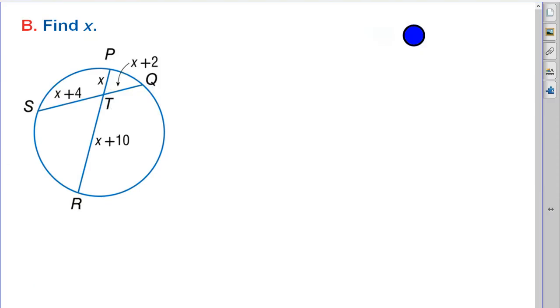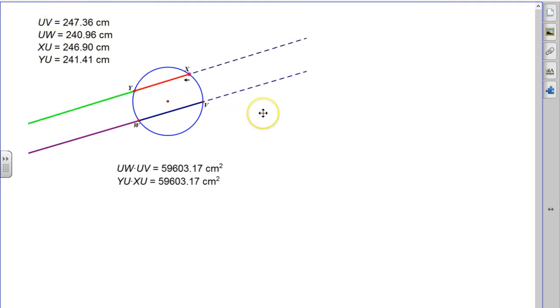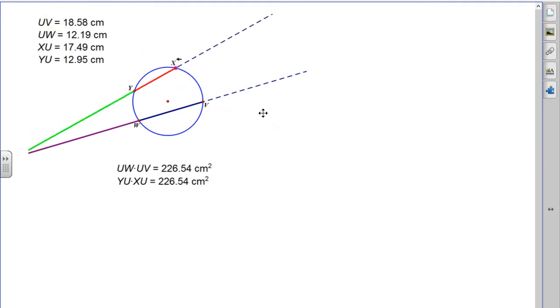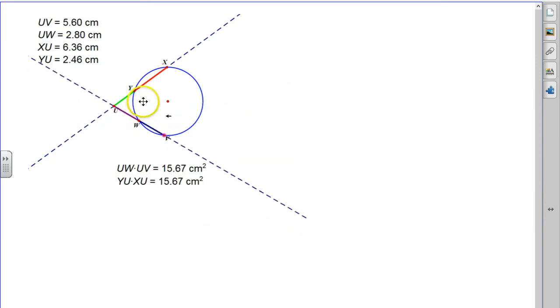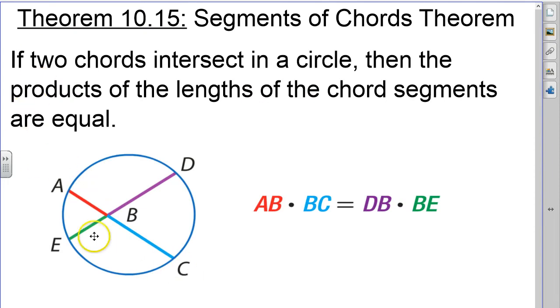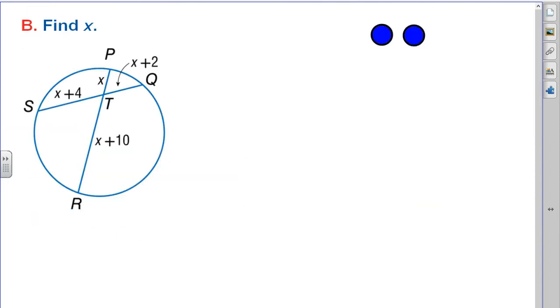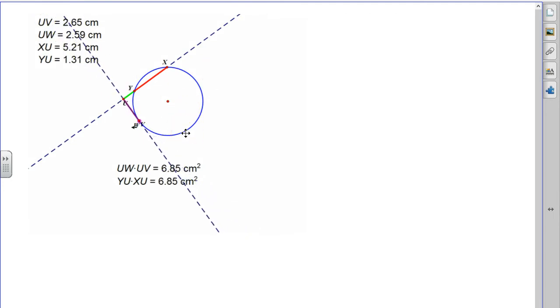Next example. Now the next couple of theorems aren't meant to be insane. The book has 2 theorems for this; you really could have 1. The theorem is that you've got 2 segments that intersect outside the circle. When it was inside, it was part times part equals part times part. Over here, they both intersect outside, and they both do the same thing.